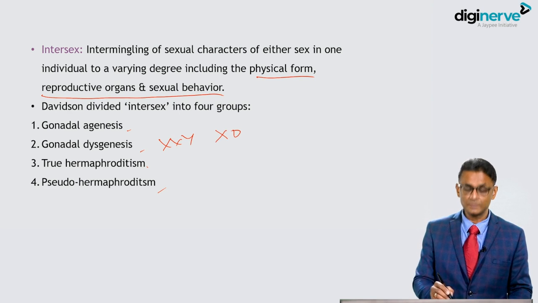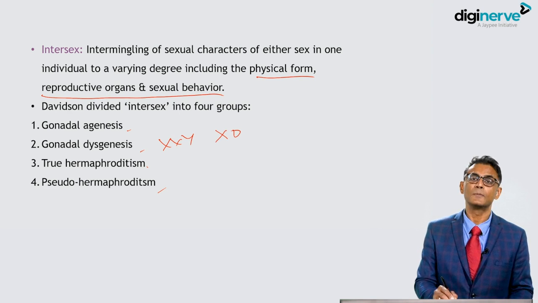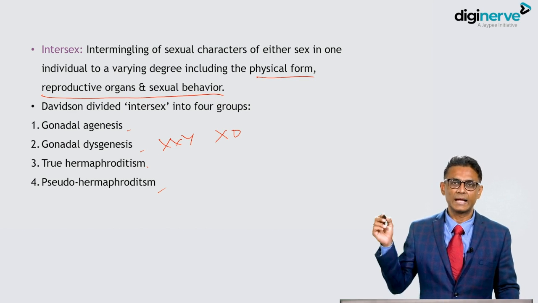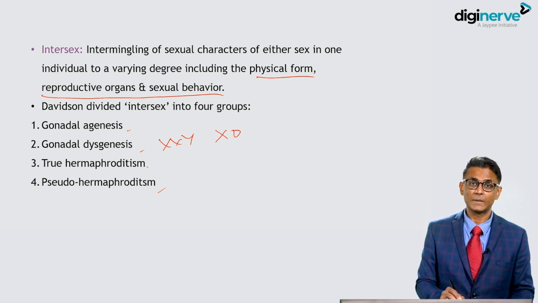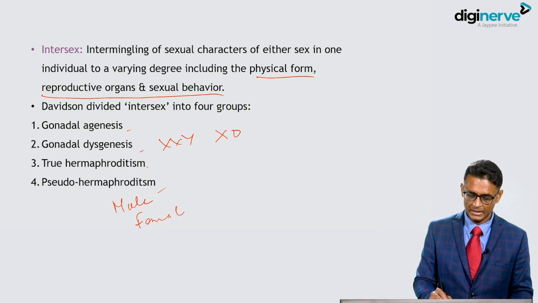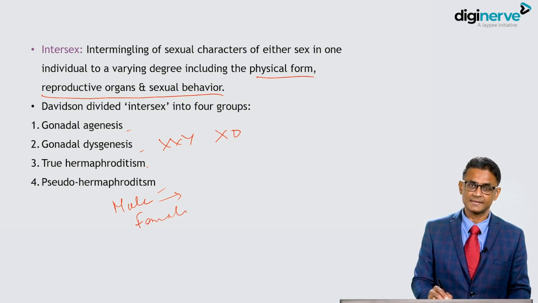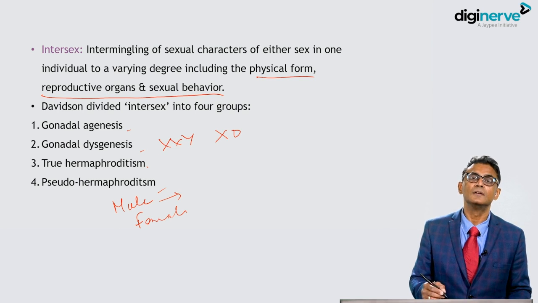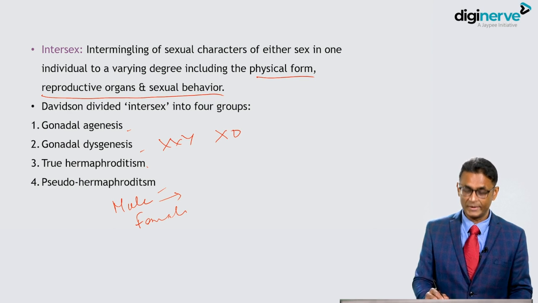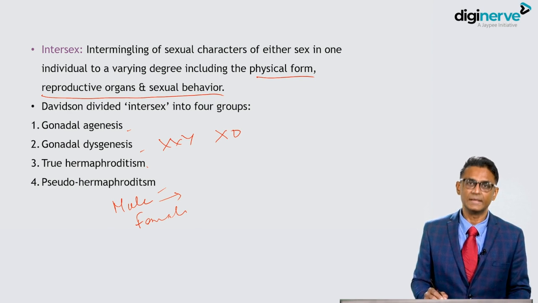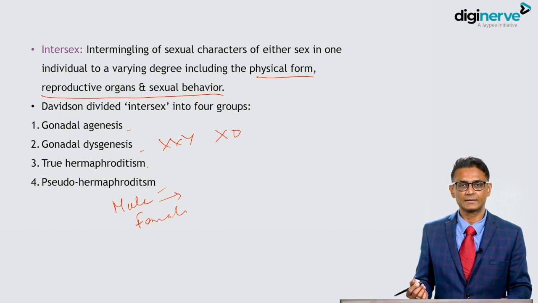True hermaphroditism, when both the sexes are there. It may be ovotestis. So the external characters may also be that of both the sexes. Pseudo-hermaphroditism can be male or female. Male is when the testis is there but the outward look is that of a female. And female pseudo-hermaphroditism is when the ovaries are there but the outward look is that of a male. It happens because of some enzyme deficiency or some hormonal effects.